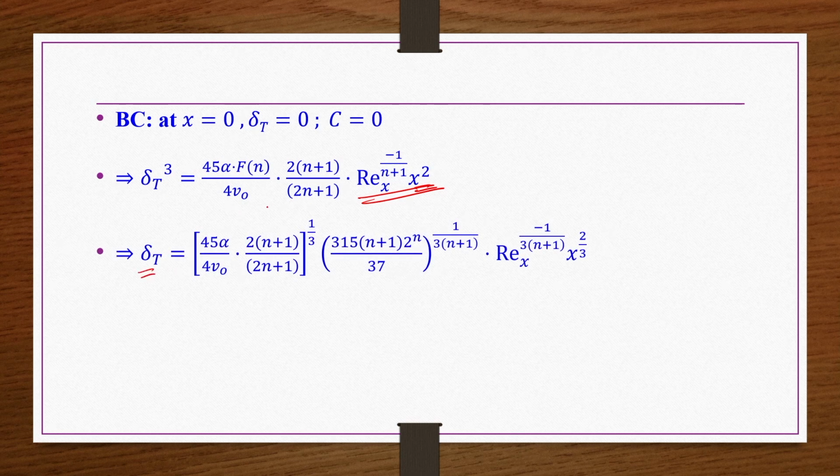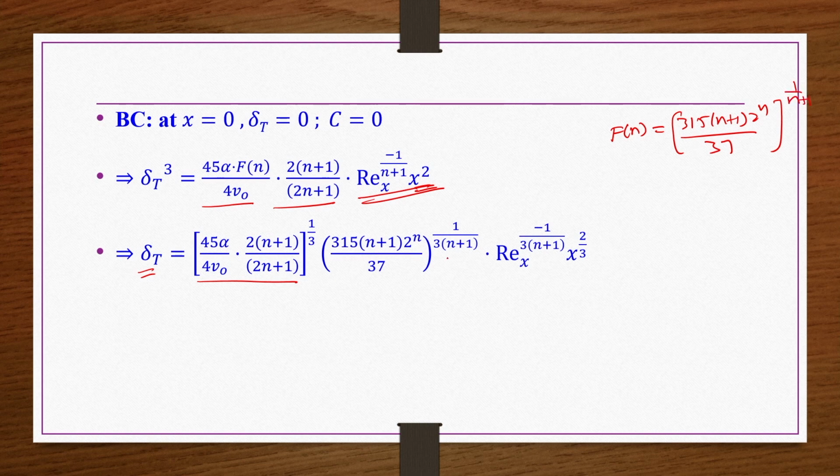All these constants that are there, functions of n, we write together and then take the cube root, that is power 1 by 3. Fn is nothing but 315 n plus 1, 2 power n divided by 37, whole power 1 by n plus 1.